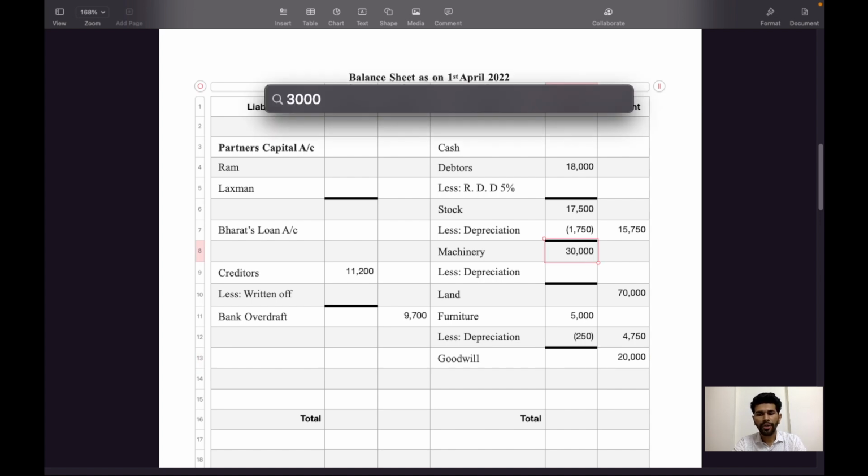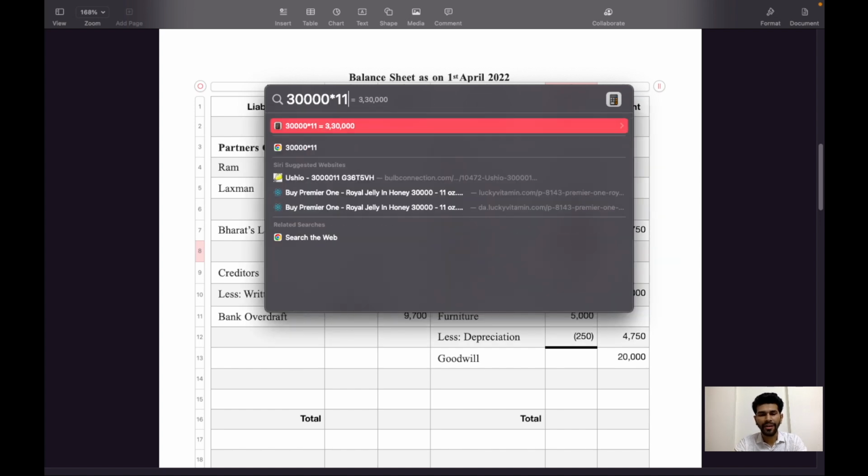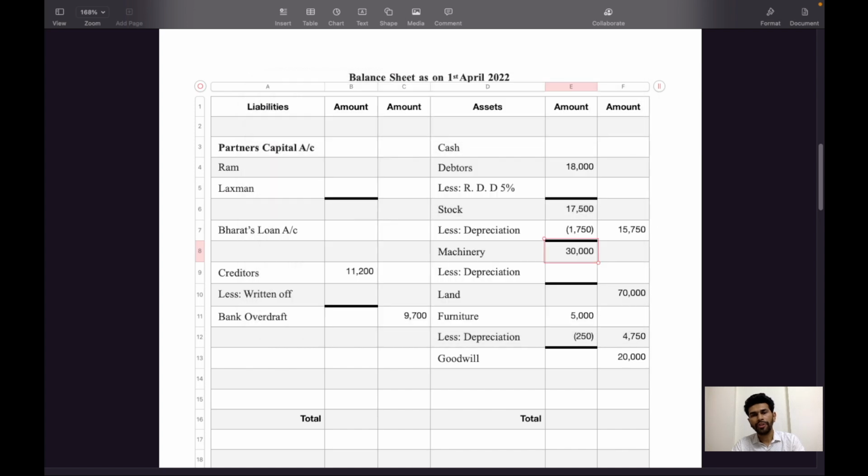So 30,000 into 11%, 3,300 will be reduced from machinery. Balancing figure 26,700 in the outer column.